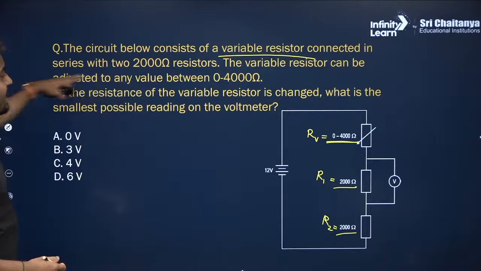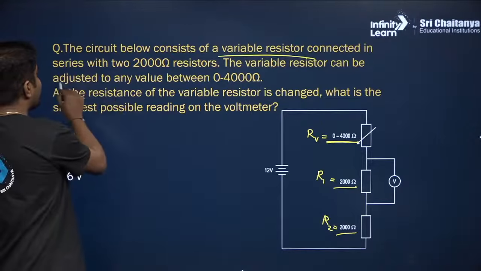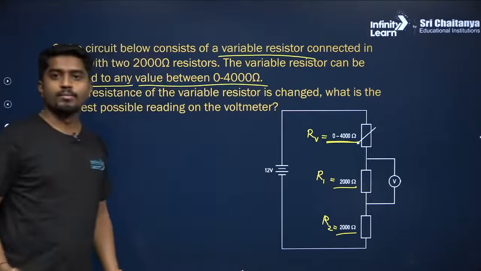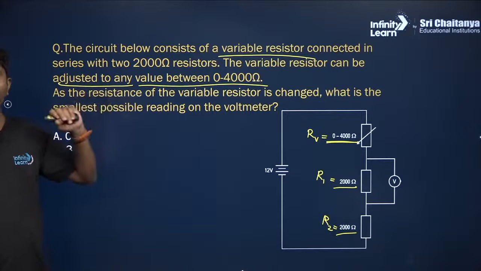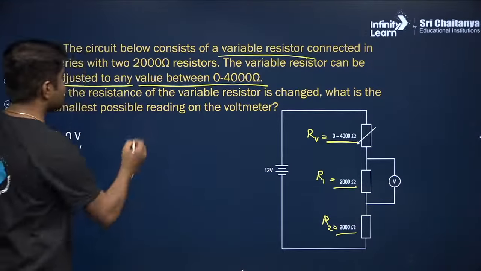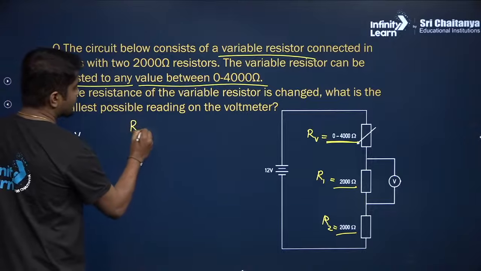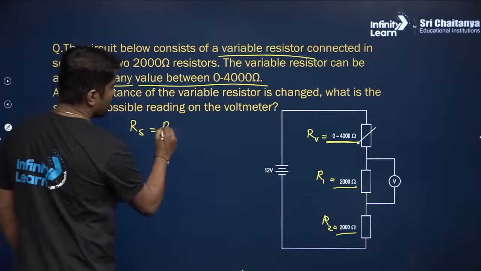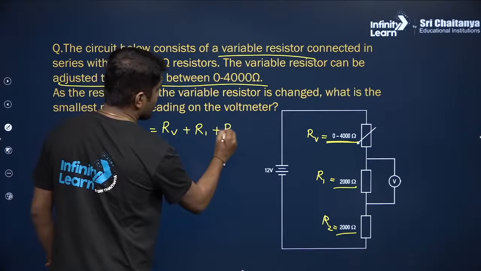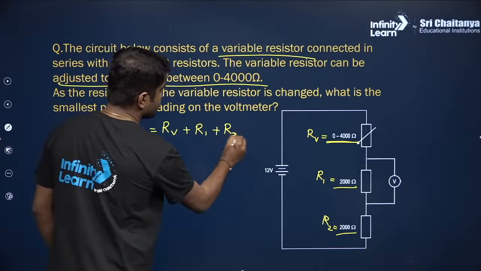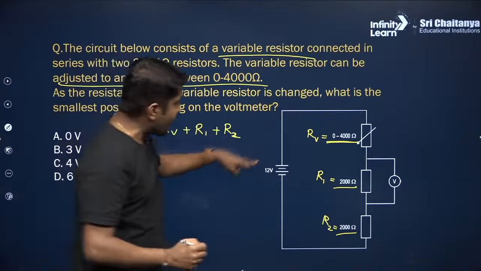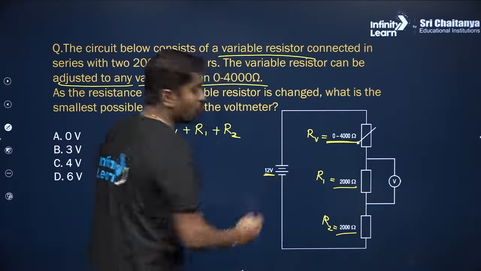The variable resistor can take any value between 0 and 4000 ohms. It can choose any value, and all of them are in series. Do you know the series resistance value? R series is going to be RV plus R1 plus R2. Now there is a battery which is producing 12 volt.